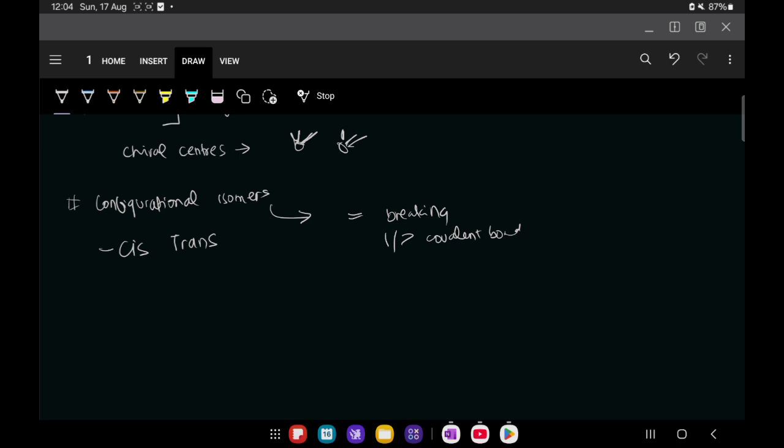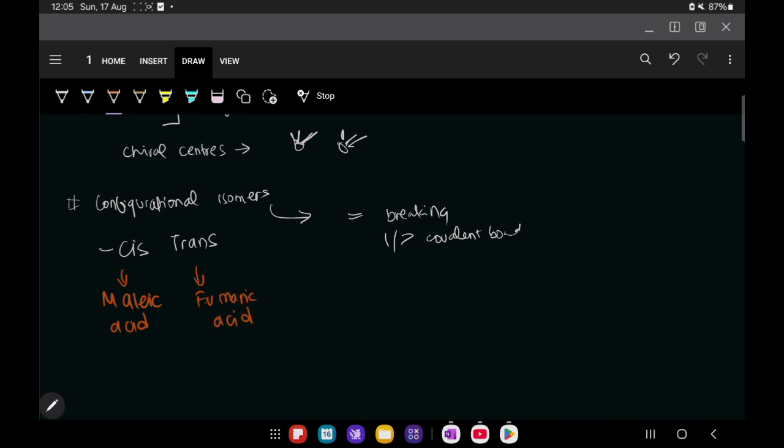The example I mentioned can also have their examples, being cis would be malic acid, it's a cis isomer, and trans isomer would be fumaric acid.